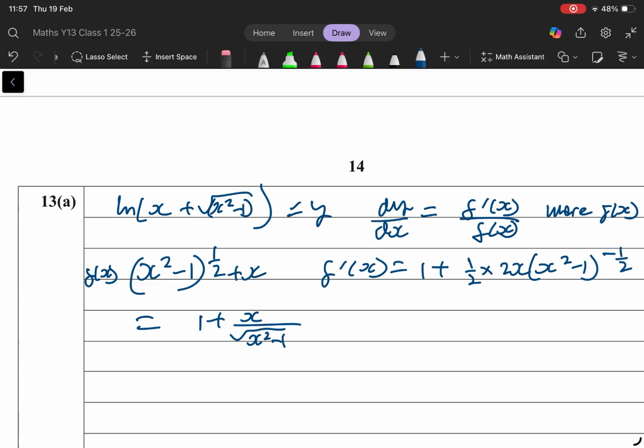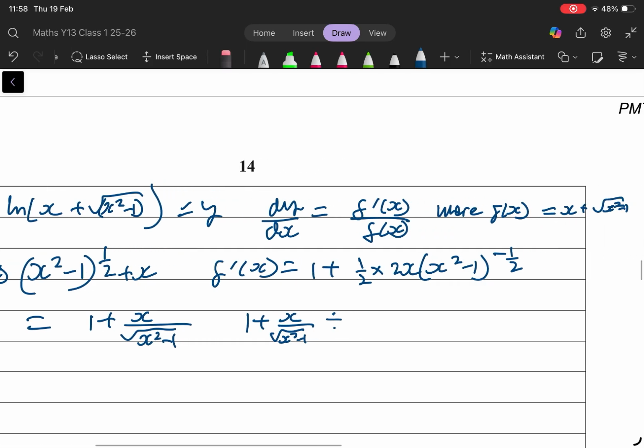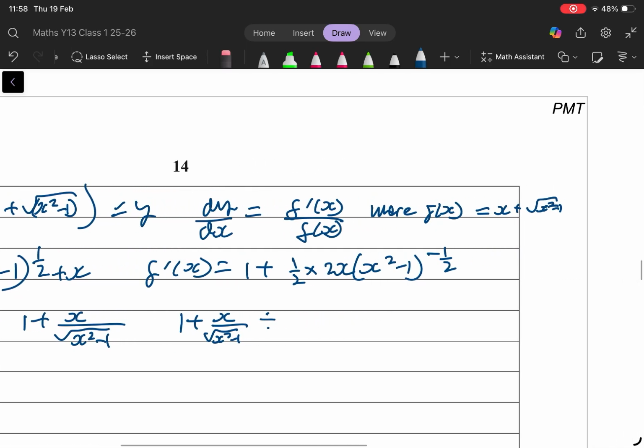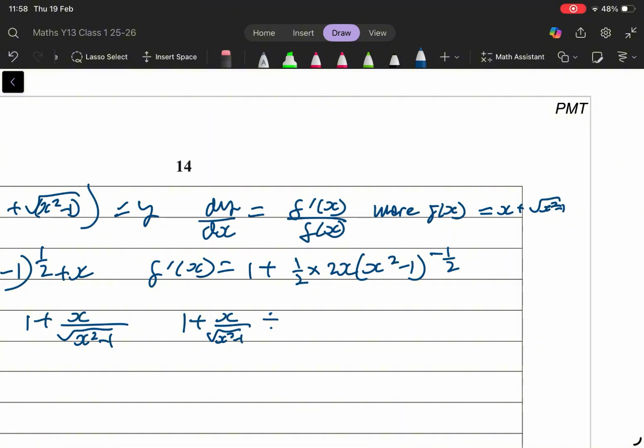And then 1 plus x over the square root of x squared minus 1, divided by f of x, which is x plus the square root of x squared minus 1.